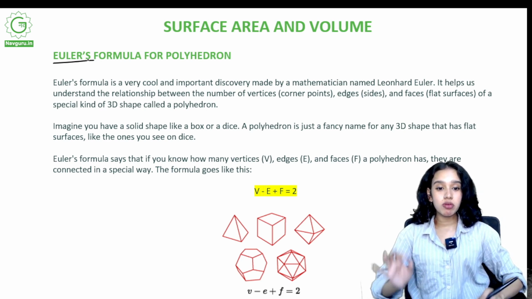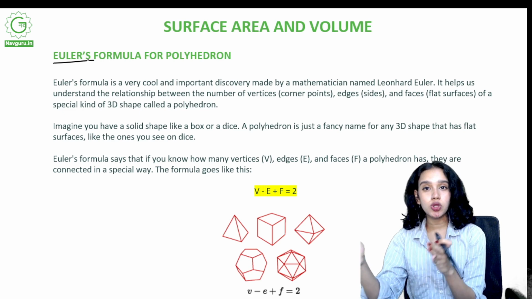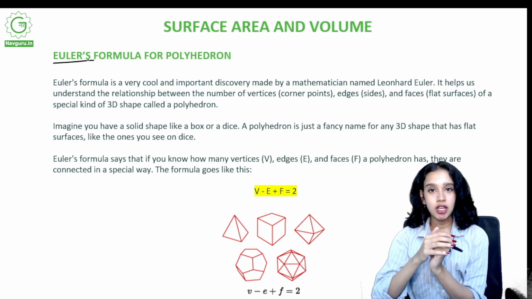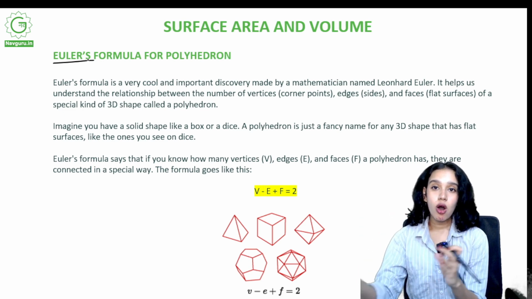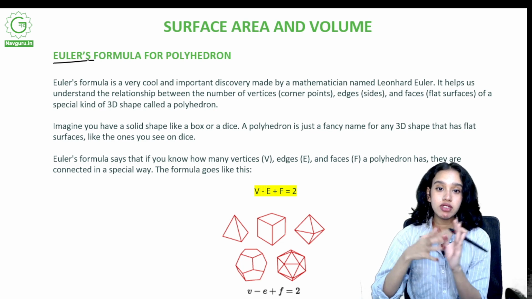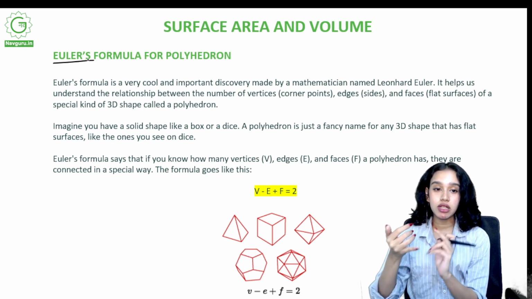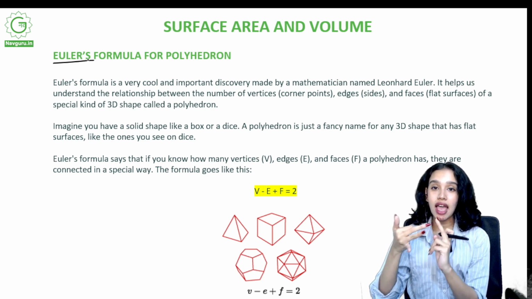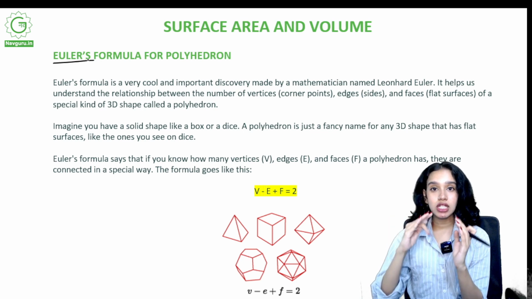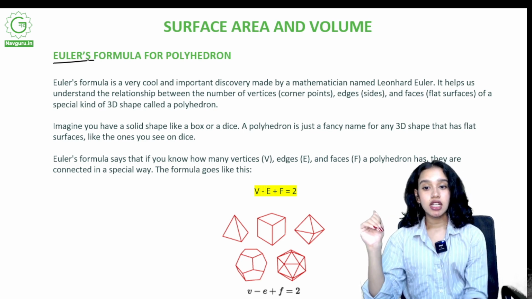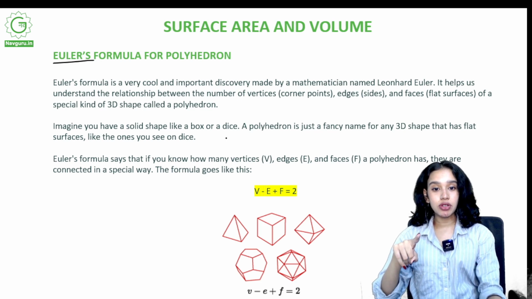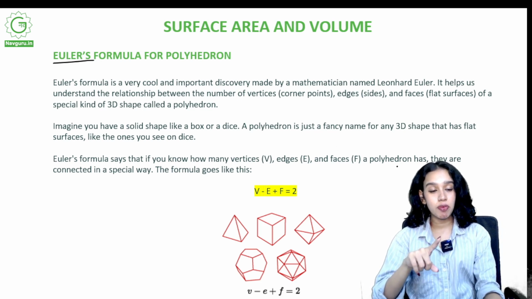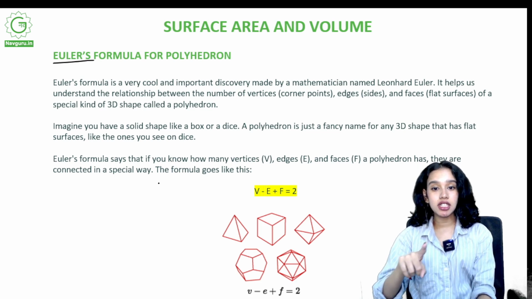A polyhedron could be anything, a cube, a cuboid or anything. So, what did Euler do? Euler made a formula which tells us about the relationship between the vertices, edges and faces of a 3D shape. It says that if you know how many vertices, edges and faces a polyhedron has, they are connected in a special way.